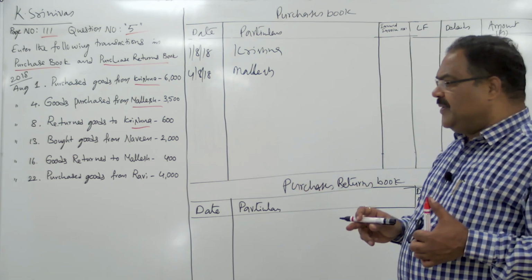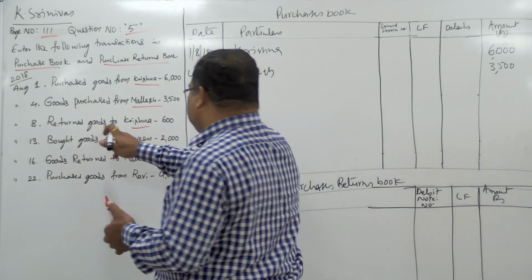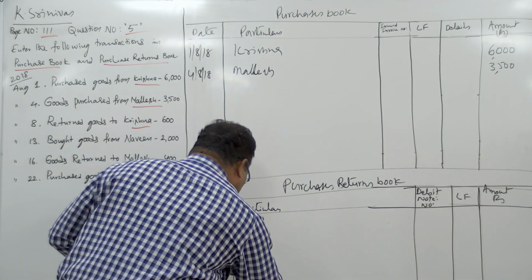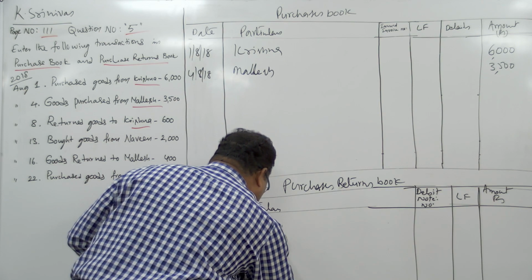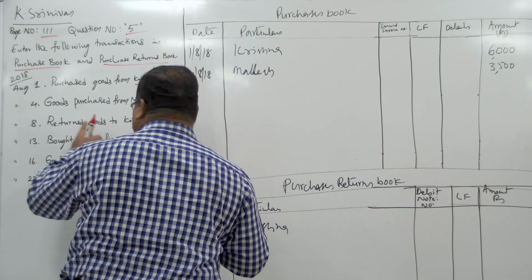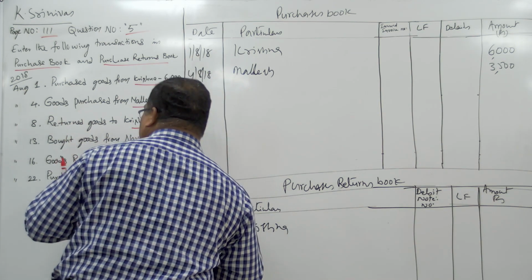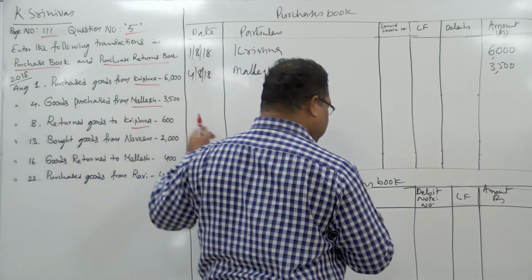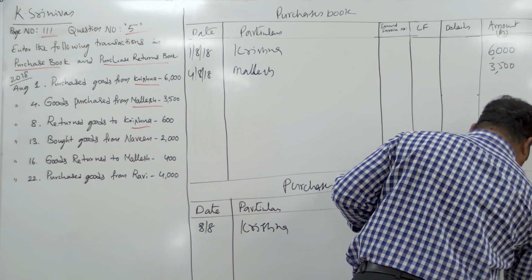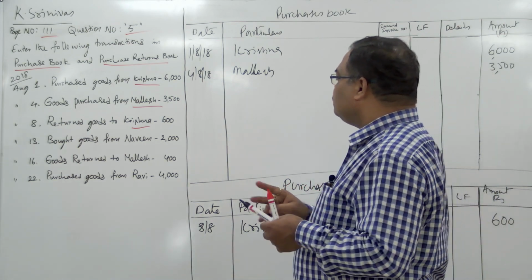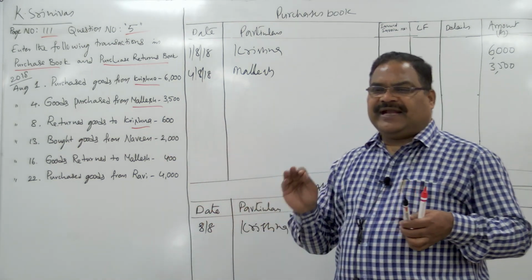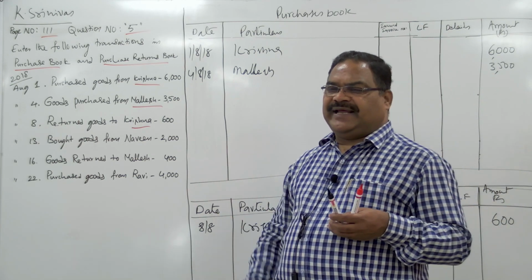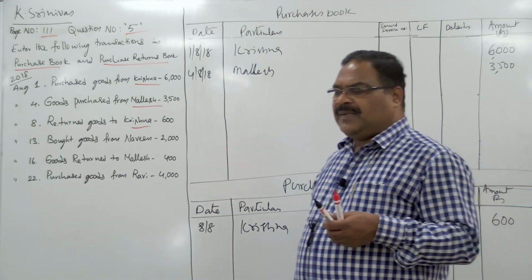This transaction should be taken into the purchase returns book in the name of Krishna. The date is 8th August and Krishna, rupees 600. That's all. It is very, very simple compared to the other books.